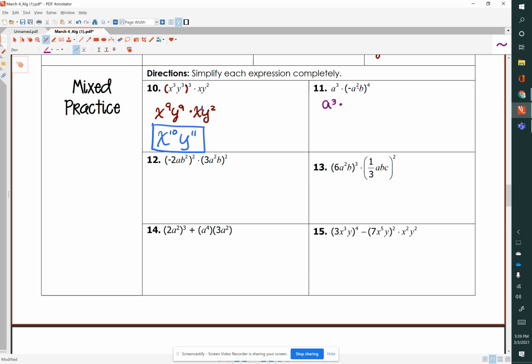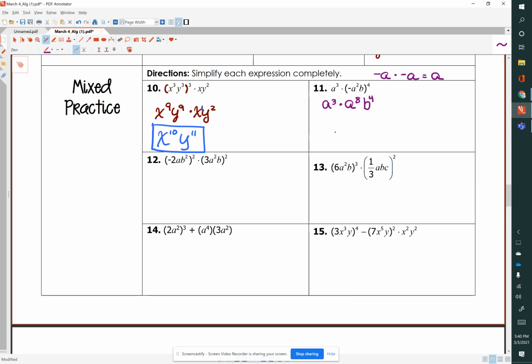So -a times -a is a. Let's get that written down. Times -a is +a. Now we're going to raise that to the 4th power. So 2 times 4 is 8. So that would be a to the 8th power and b to the 4th power.